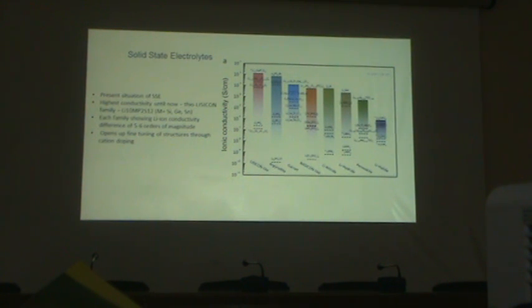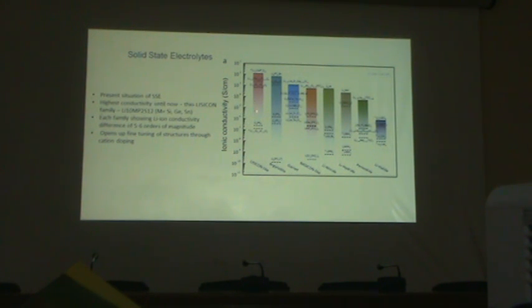Then this table will show you the current state of affairs of solid state electrolytes. Here is the thio-LISICON family, Li10MP2S12, where M stands for silicon, germanium or tin, then phosphorus and sulfur. This compound was recently reported as being very highly ion-conducting for a solid state material.